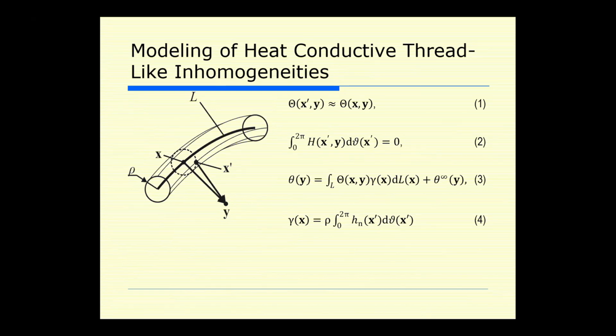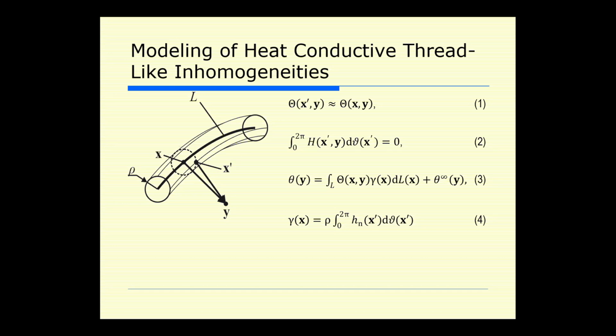So heat conduction in a body with thread-like inhomogeneities was performed in the following way. Assume we have a fiber-like inclusion, so we have a point inside on the medium line L, we have x, and we have a point on the surface x prime. Here we have a radius rho, and we have here a normal vector.